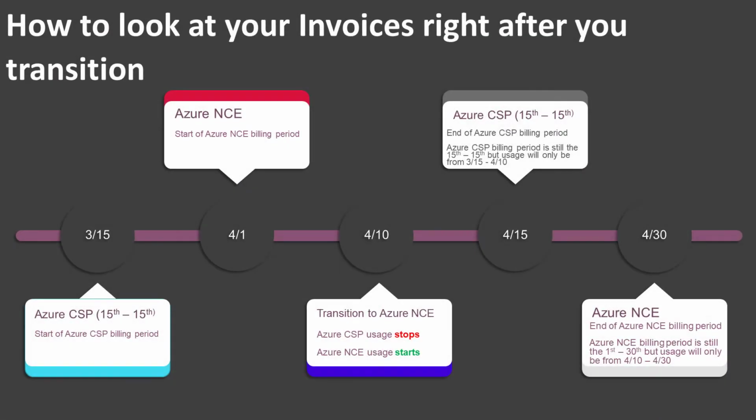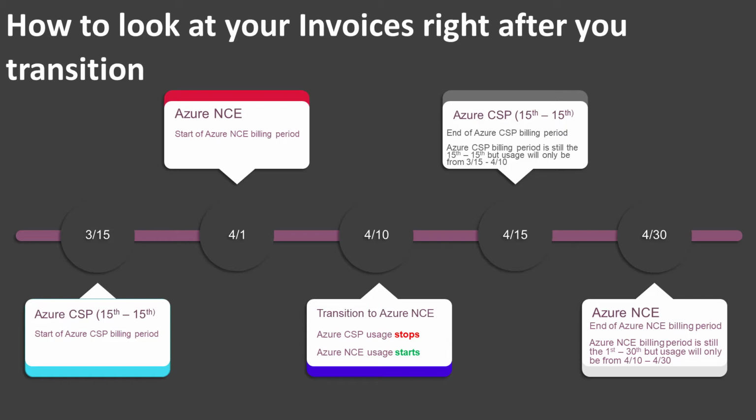Let's look at an example. A customer has one Azure CSP subscription that has a billing period of the 15th to the 15th. They transition to an Azure NCE subscription on April 10th. The customer will still receive an Azure CSP invoice with a billing period of March 15th to April 15th. The customer will also receive an Azure NCE invoice with a billing period of April 1st to April 30th.